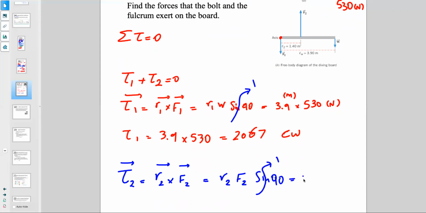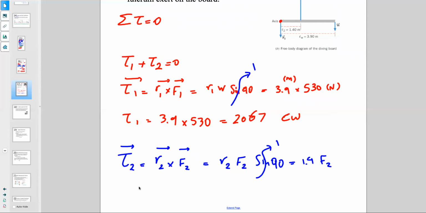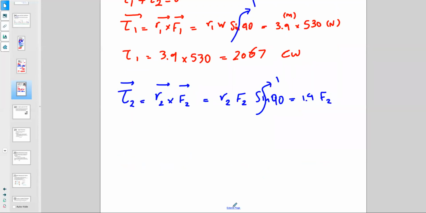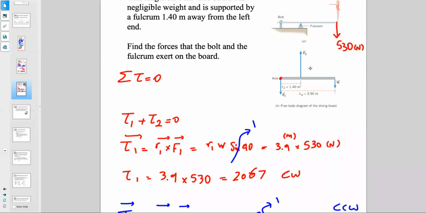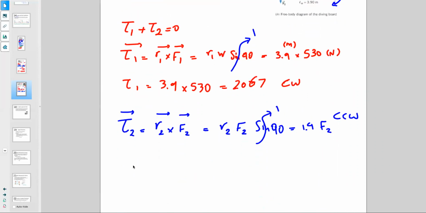So R2 is 1.4, and F2 is unknown. This is counterclockwise, because this will cause this type of motion, and that will cause that type of motion. So I know that if I add them up, the value should be 0.